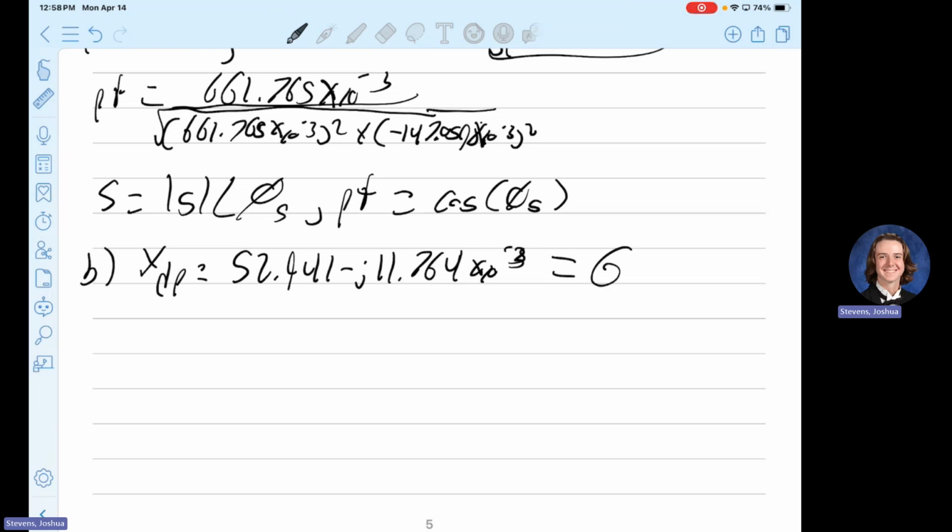Conductance, which is G. This one's a little harder: what is the imaginary part? For impedance, the reactive part is called reactance. For admittance, the reactive part is called susceptance. Yeah, it's a weird word.